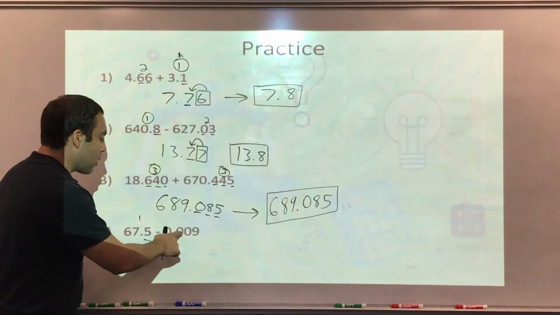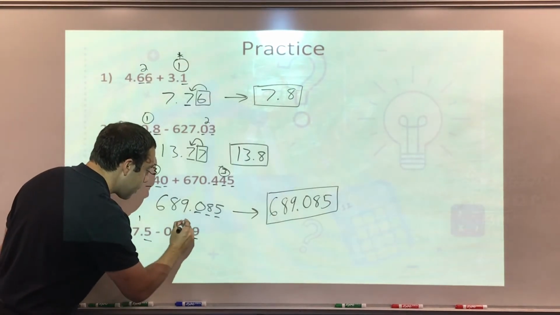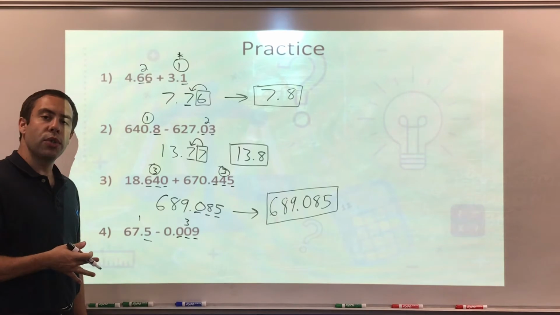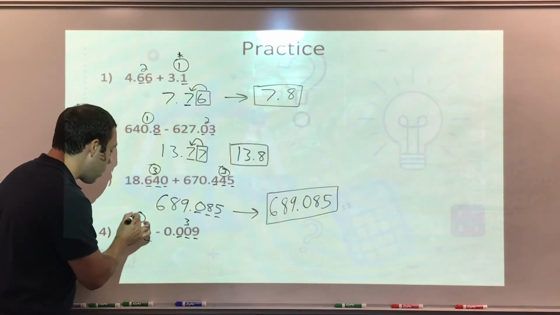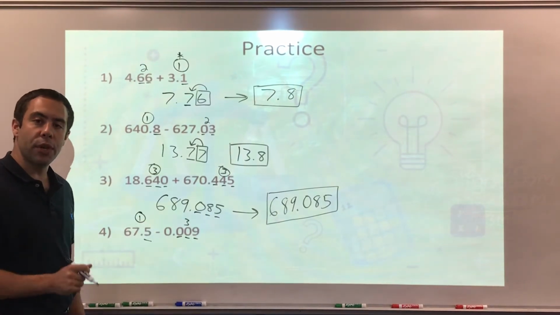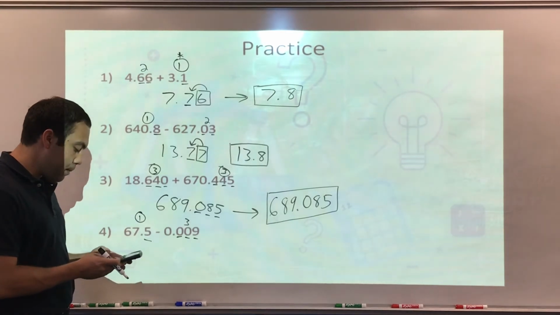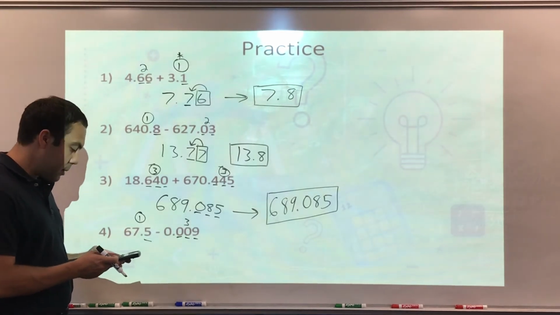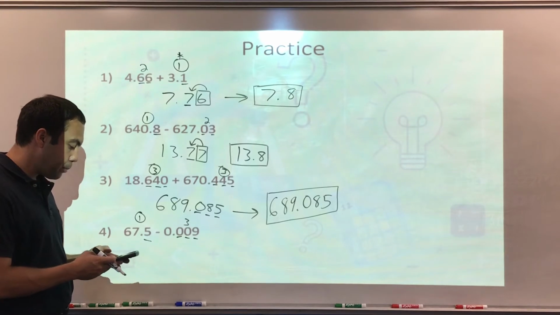And 0.009 has 3 decimal places. So we're going to round our final answer to 1 decimal place. Step 2, perform our mathematical operation, 67.5 minus 0.009.